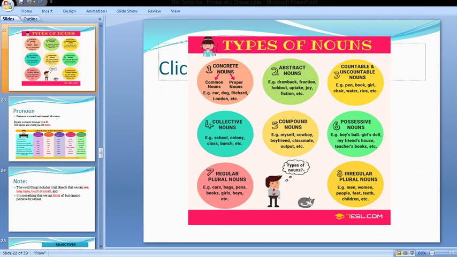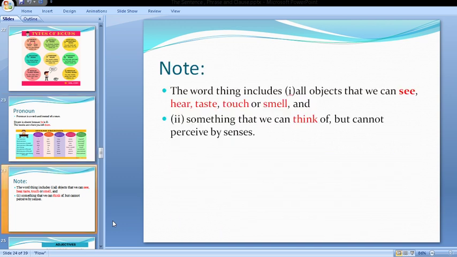Is it still blurry? Just tell me for the next slide. Is it blurry? Is the next slide blurry? Is this blurry or is this clear?